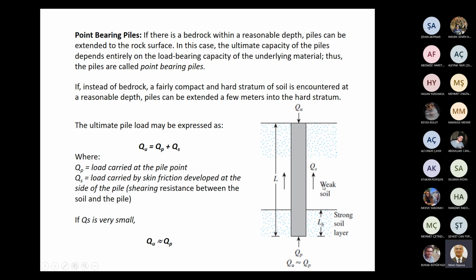If Qs is very small, what does very small mean? Negligible compared to Qp. So we can assume Qu is almost equal to Qp. This is the case for very strong soil, for example, large-diameter gravel.